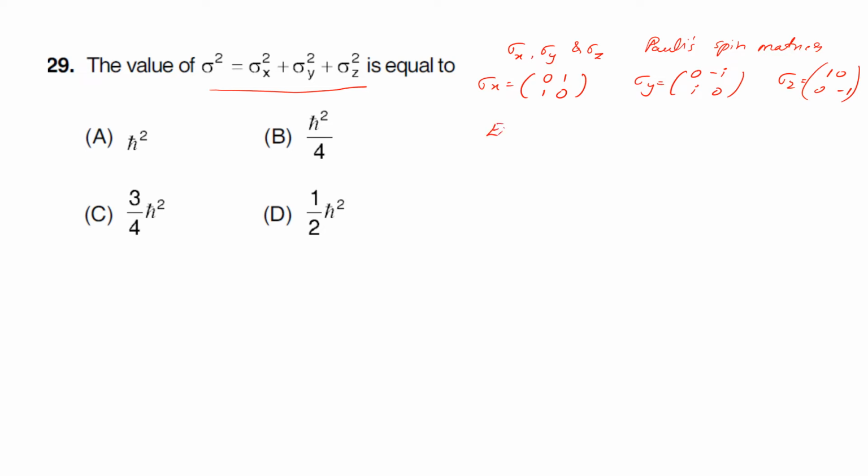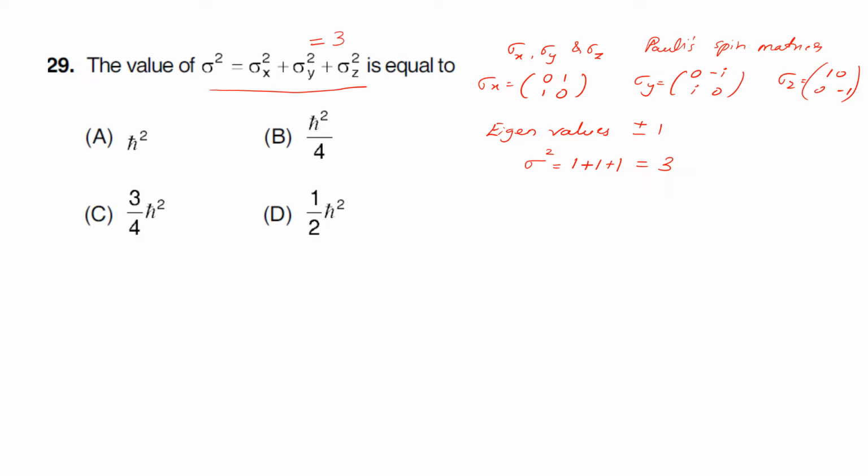Here eigenvalues of sigma x, sigma y and sigma z are plus or minus 1. Therefore sigma square is given by 1 plus 1 plus 1, value is 3.